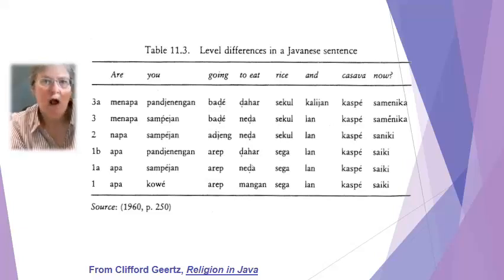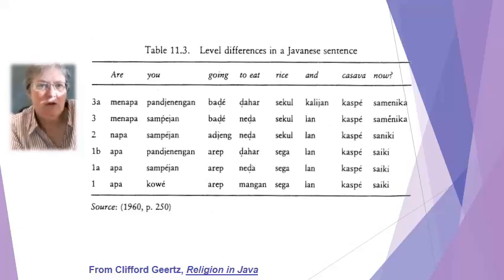So if you are a high Brahmin caste person in Java speaking to another person of the same high Brahmin caste, in order to say, are you going to eat rice and cassava now? And I'm sure I'm going to butcher the language, but you'll say something like, Menapa panjening gambari dahra seko kalijan kaspi samanika.